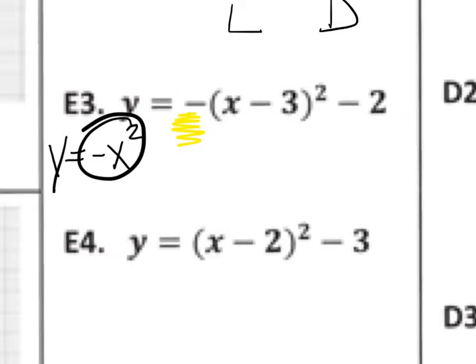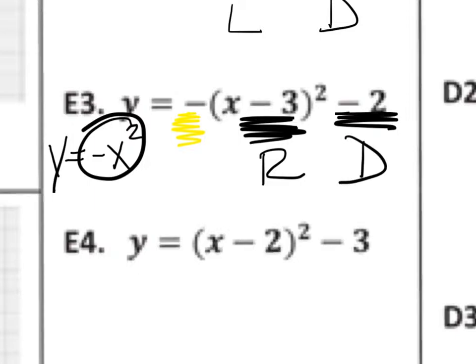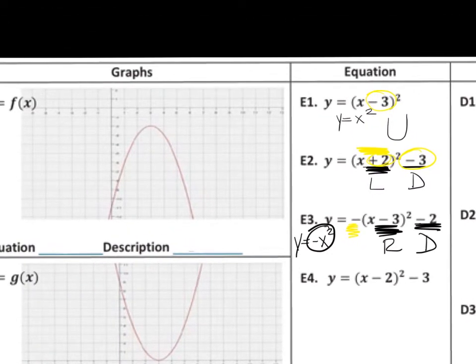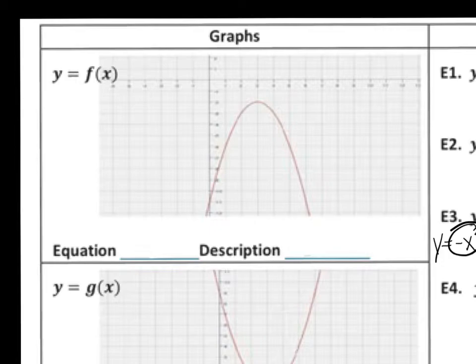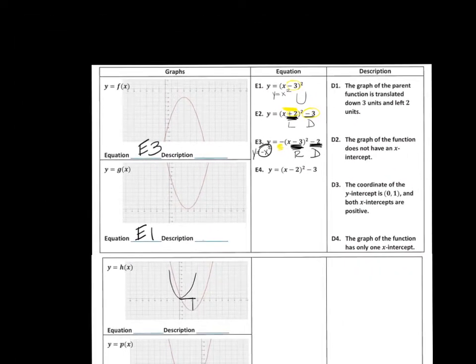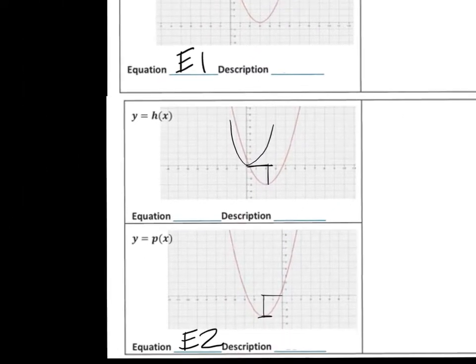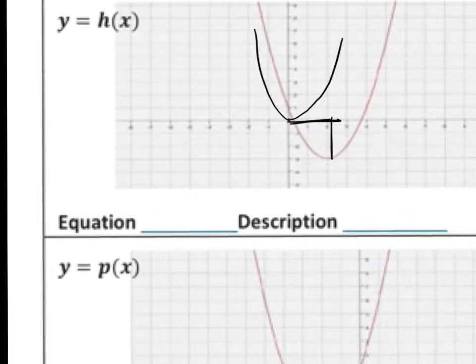So that means we're looking for a graph that opens down that has been moved 3 places in what direction? Right. And 2 places in what direction? Down. Well, I think we only have one on there that opens down, and that's it. So that's pretty simple. And of course the last one is E4, and it should go here.